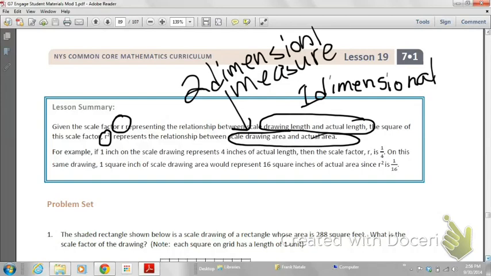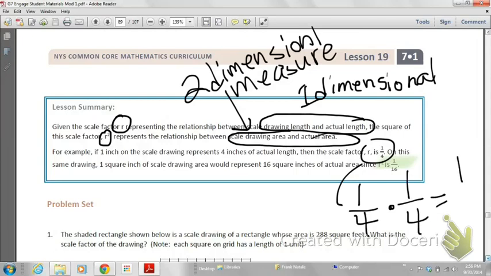On this same drawing, 1 square inch of scale drawing area would represent 16 square inches of actual area, since r squared is 1/16. You get that by taking r and squaring it, multiplying it by itself, which equals 1/16.